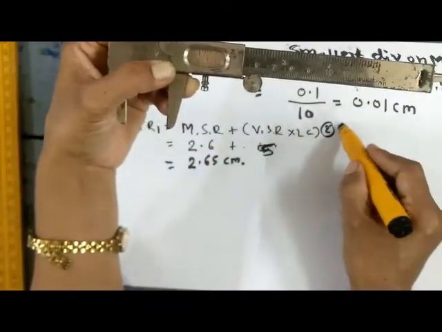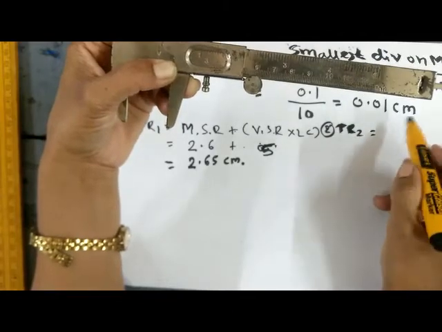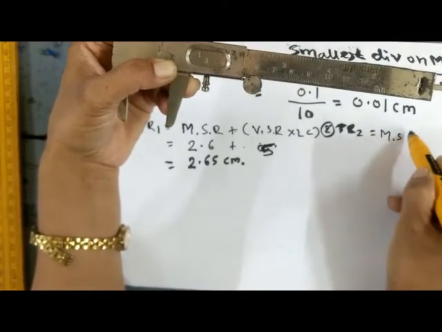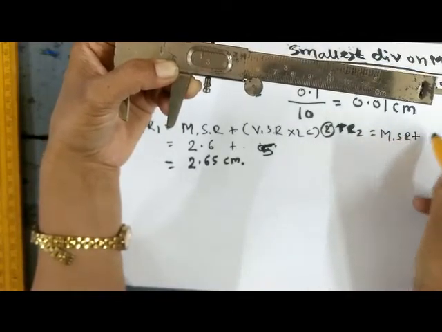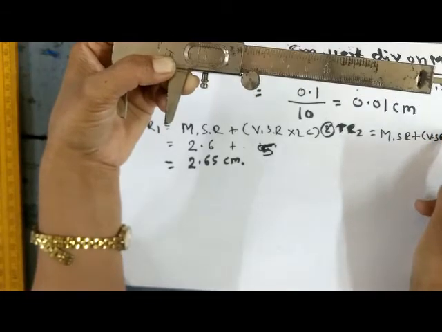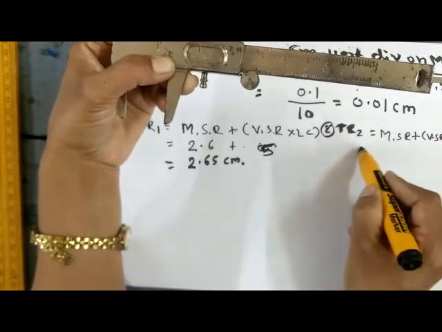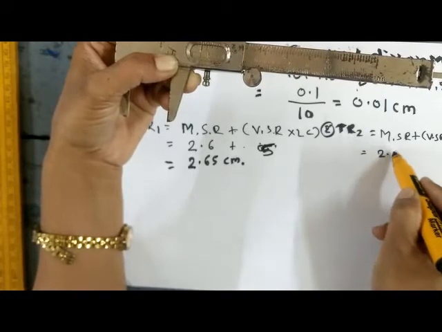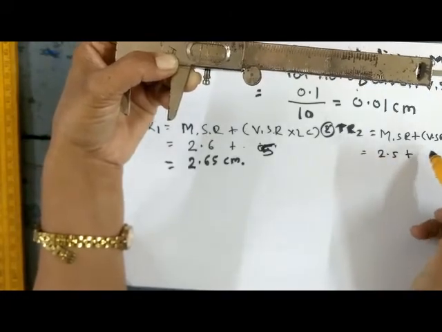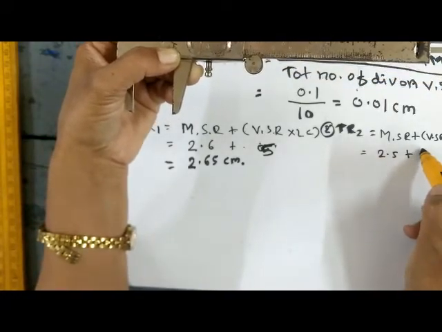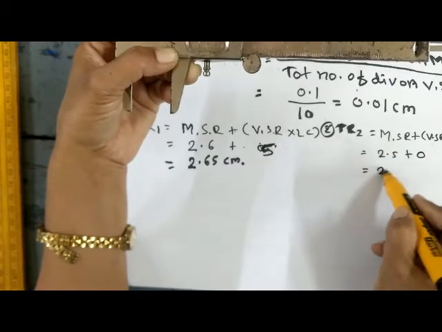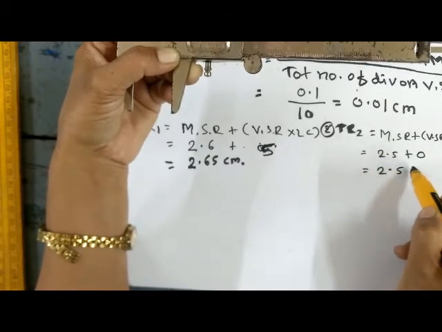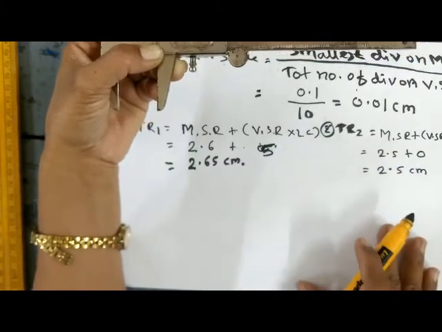So TR2 is equal to MSR plus VSR into LC, 2.5 plus VSR, in this case 0. The reading will be 2.5 centimeter.